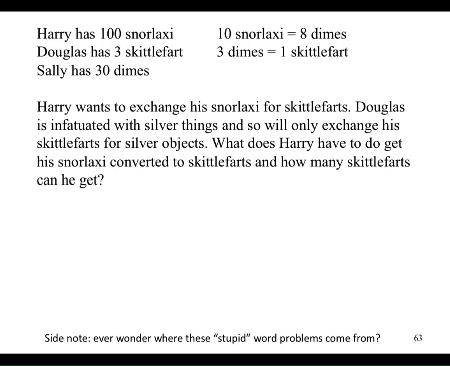So again, what are we trying to get? We're trying to get Skittle farts. That's way too big of a word, so I'm just going to write SF. He's starting with Snorlaxy, which we'll just call SL. He has 100 Snorlaxy. He wants to get Skittle farts, so ideally he would convert directly to Skittle farts.